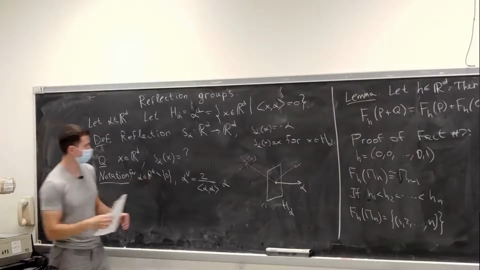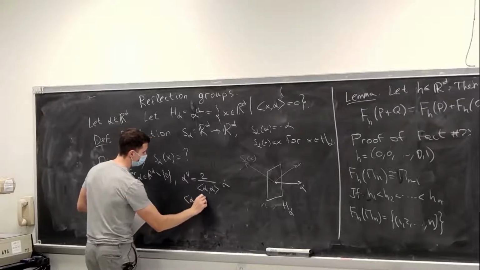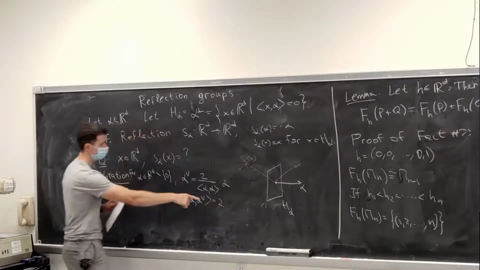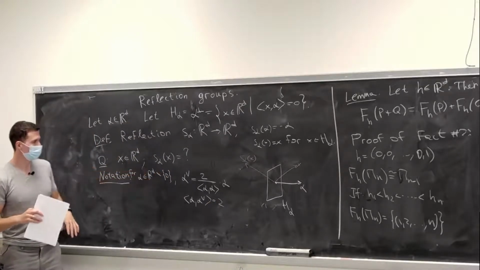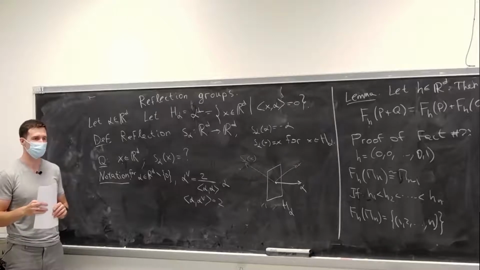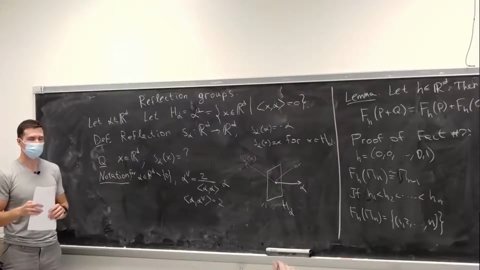I want to find a vector proportional to alpha such that the dot product is equal to 2. That's my convention that I'm going to use for the next couple of lectures at least. All right, so any guess for, yeah?